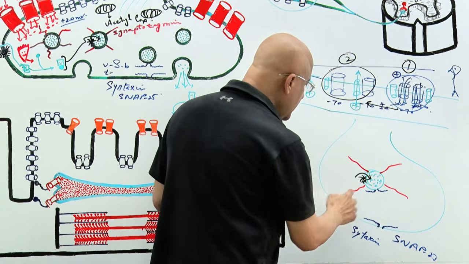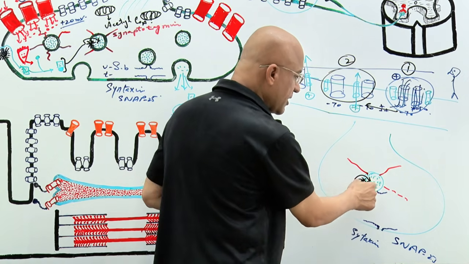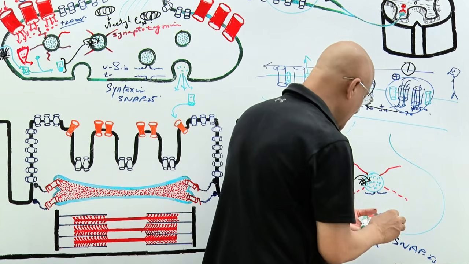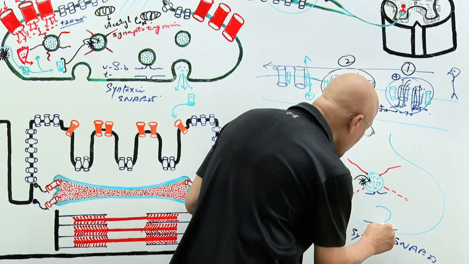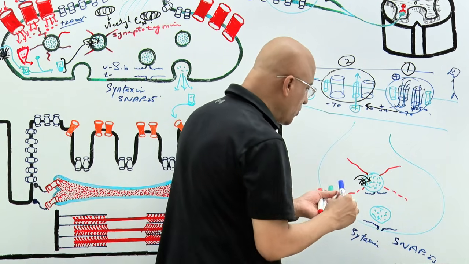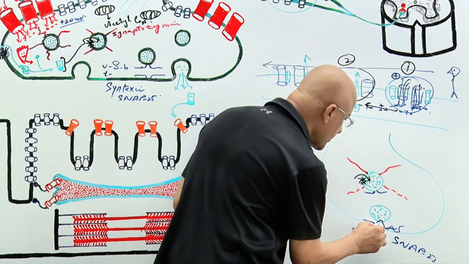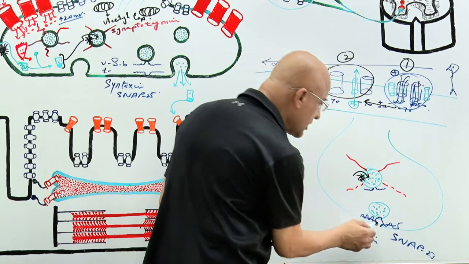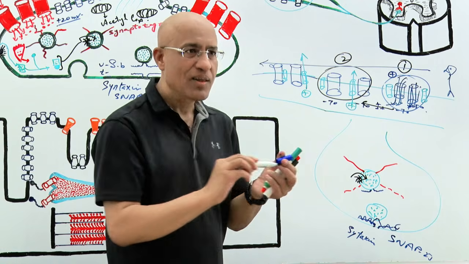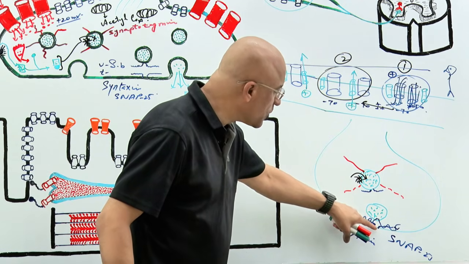So when these are away, they are not disturbing the interaction, and this will move towards it. And then once vesicles come over here, vesicular SNAREs will interact with T-SNAREs. When they interact with each other, they will coil and pull this membrane towards this membrane.